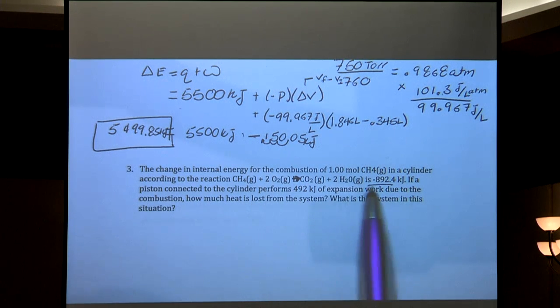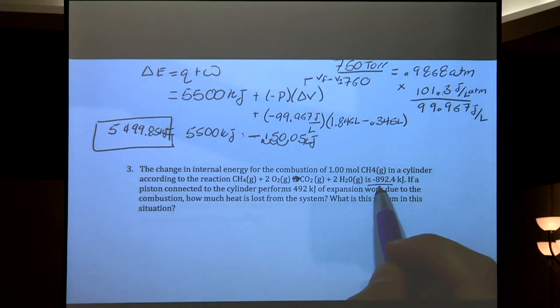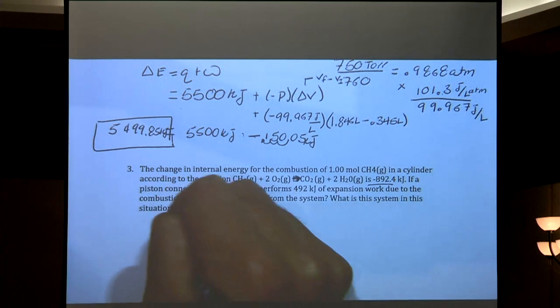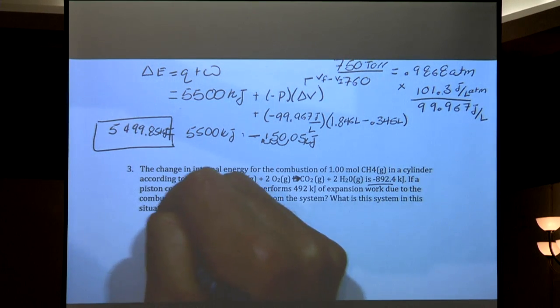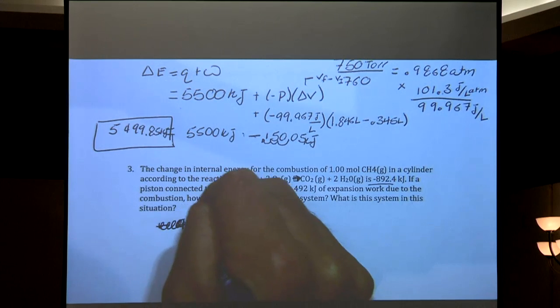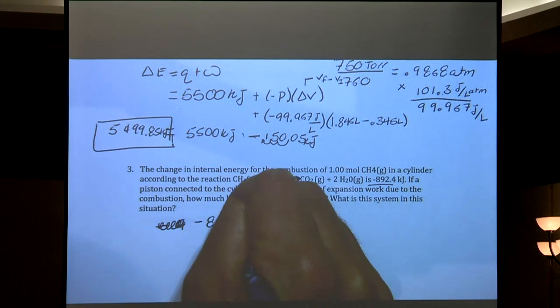So we have methane burning. We have the combustion of 1 mole of methane according to the reaction. And we have negative 892.4 kilojoules.